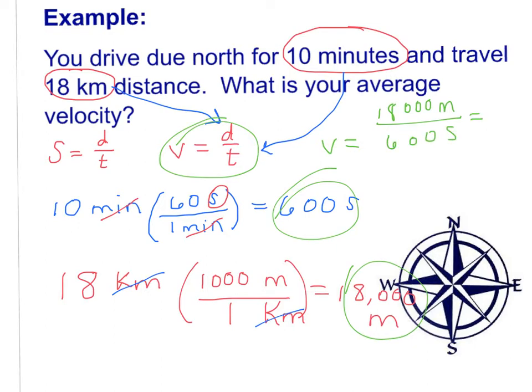When I divide that, 18,000 divided by 600 is 30 meters per second. And that is my average velocity. I'm looking at the total distance divided by the total time, and I get my average velocity.